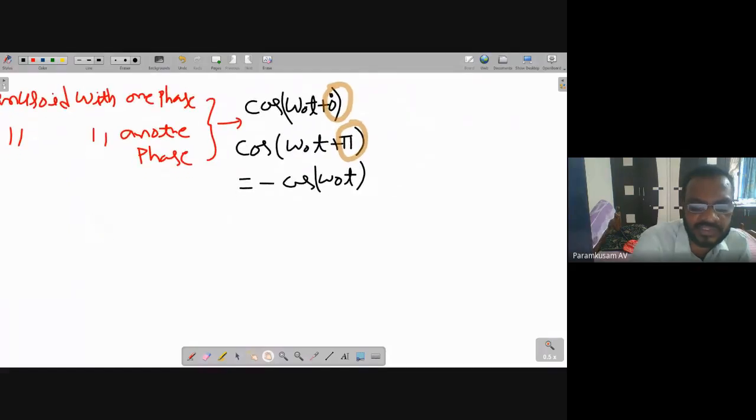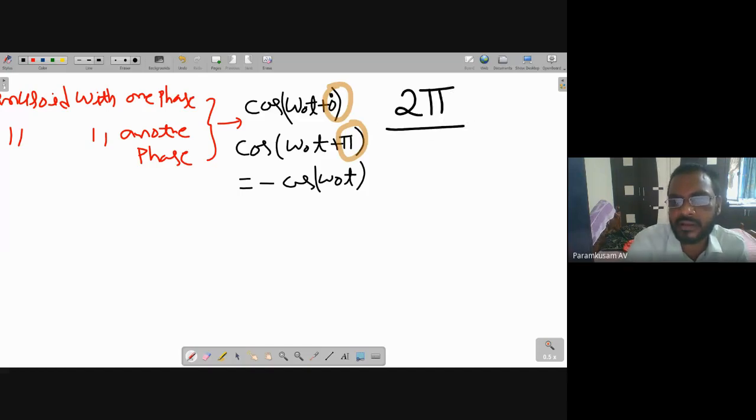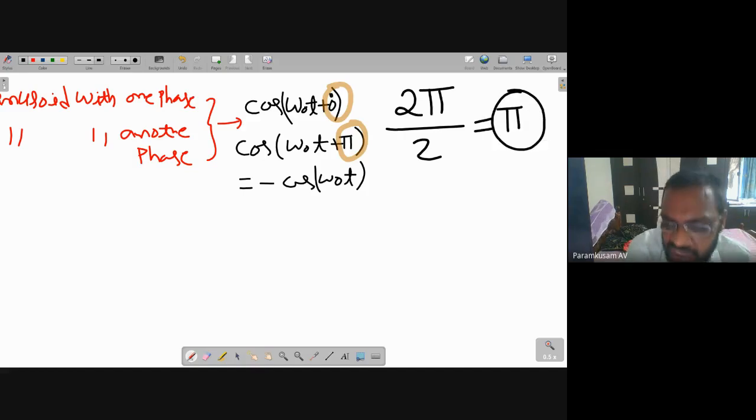So see here, what is the total phase angle? The total phase angle is 2 pi. How many possible combinations are there? 2 possible combinations. 2 pi by 2 is equal to pi. So this is the phase difference between one sinusoid and another sinusoid.